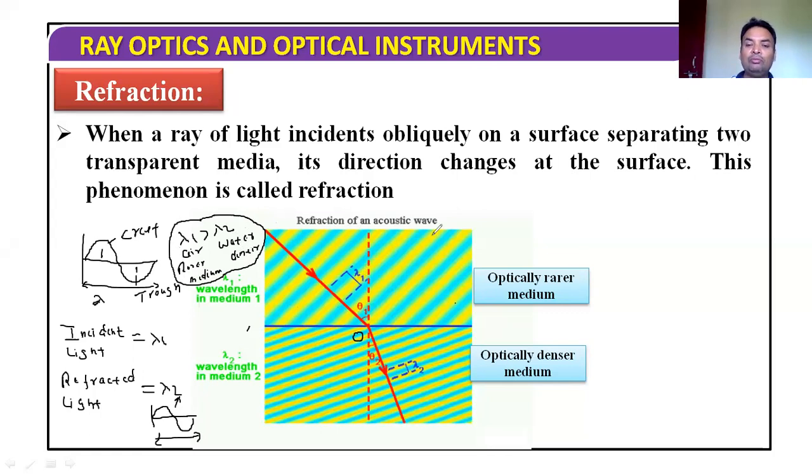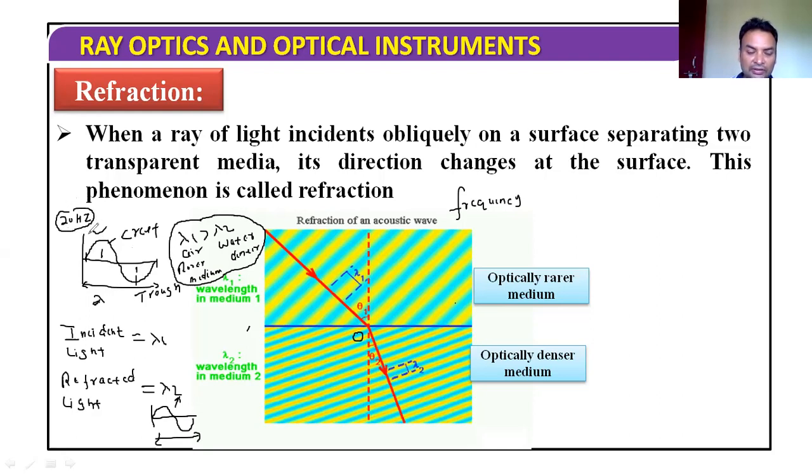But one more term is called the frequency. So what about the frequency of this wave? Suppose this wave was moving with a frequency of 20 hertz, means 20 cycles are completed in 1 second, so that is 20 hertz.